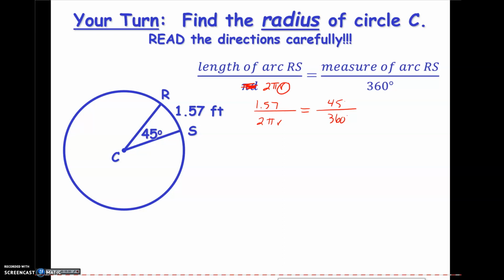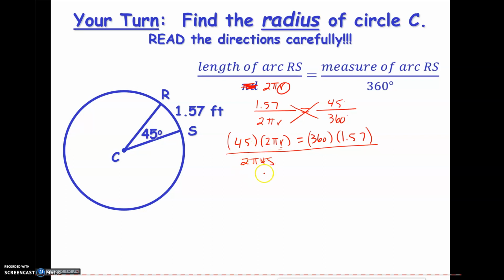Now I'm going to cross multiply. I need to figure out what my r is. So cross multiplying here, I'm going to get 45 times 2 pi r, and that's equal to 360 times 1.57. And then I want to keep my r by itself, so I'm going to divide by everything else, which is 2 pi times 45.